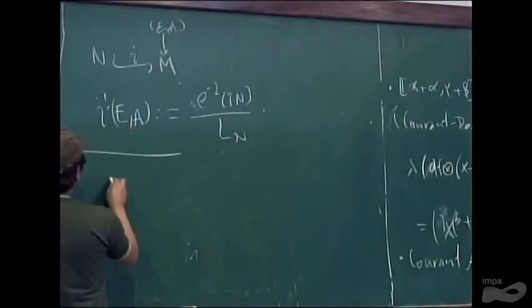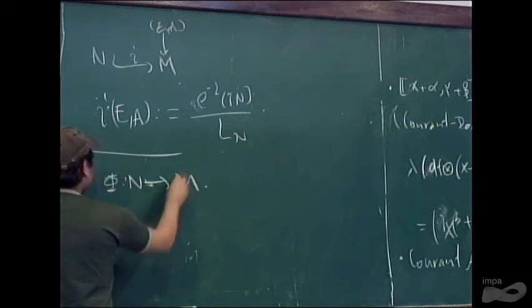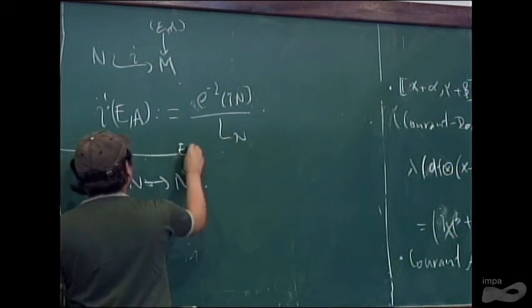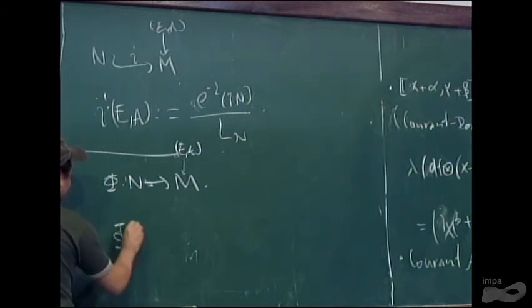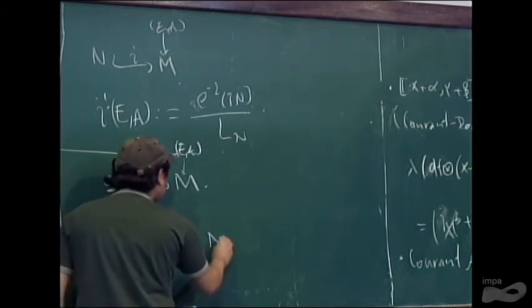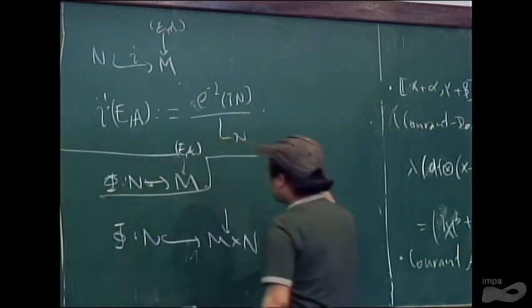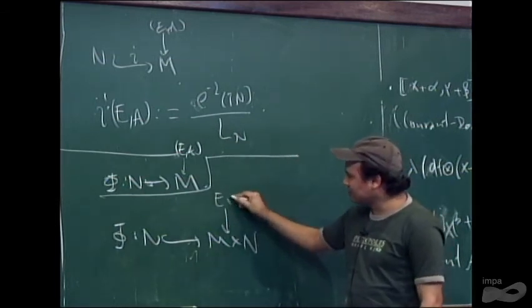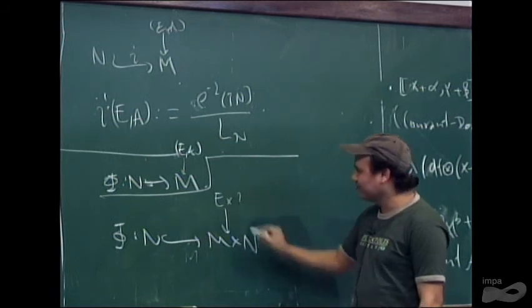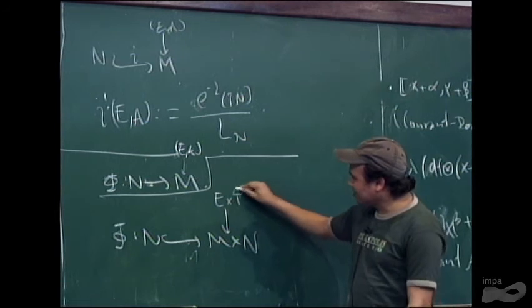In general, if you have some map from N to M, and a Courant algebroid here, then you can do the same thing as when you define the pullback of Lie algebroids. You consider this inclusion inside this product, with a product structure of this with the tangent space of N. But you don't know what to put in here.